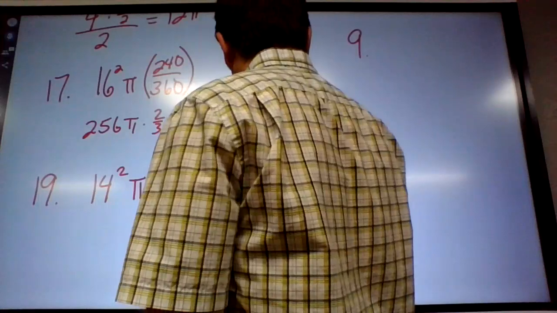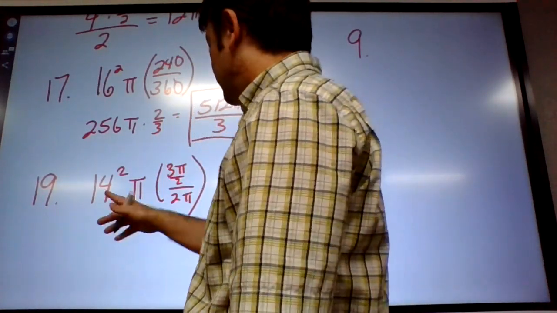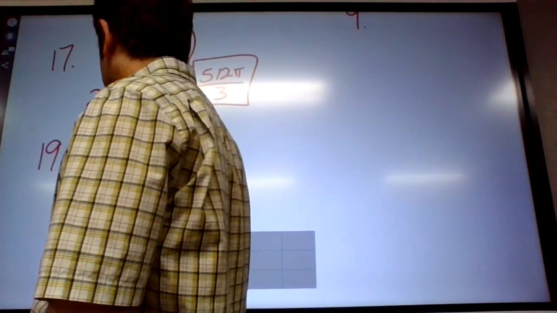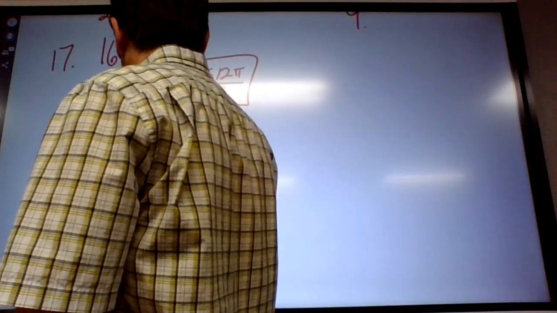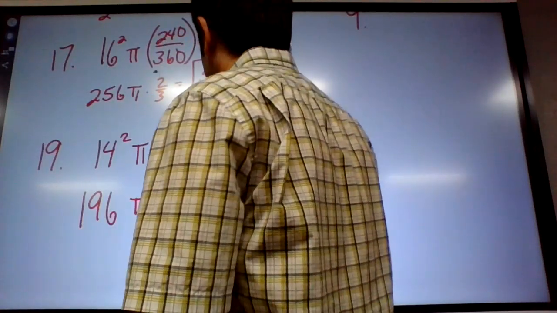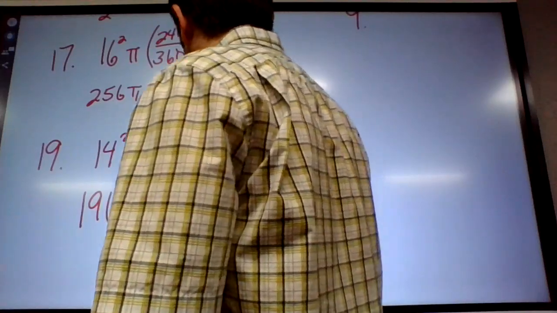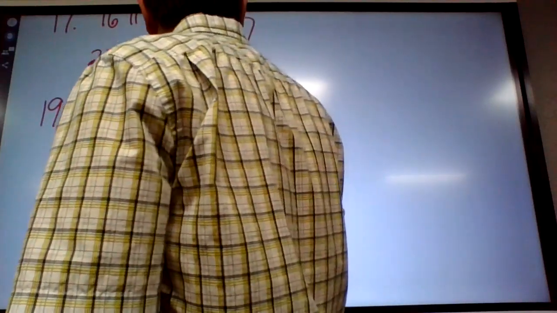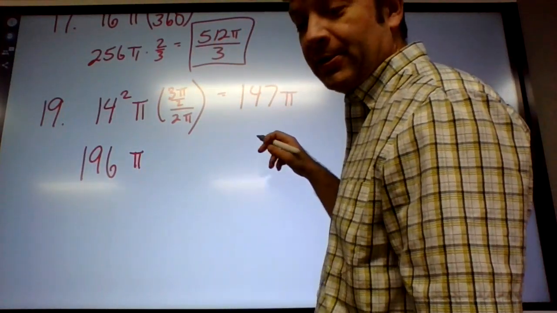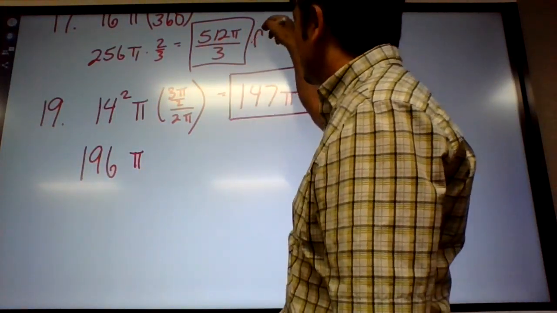All right, let's see. Did I get it right? No. Oh, I forgot to square the 14. Oopsie. Oh, 49 times... 147. Oh, I forgot to label these. Yeah, that's okay. No big deal. These are centimeters squared, the last one's feet squared.